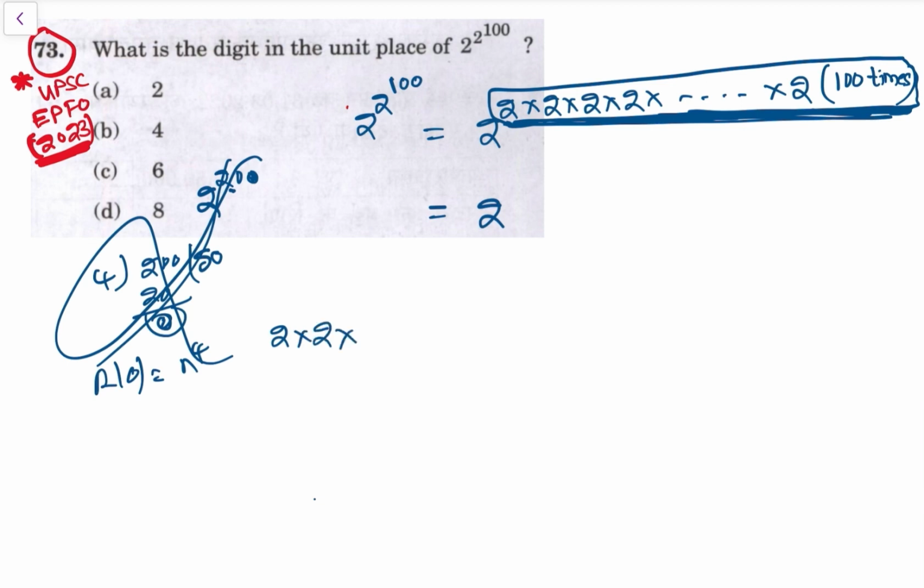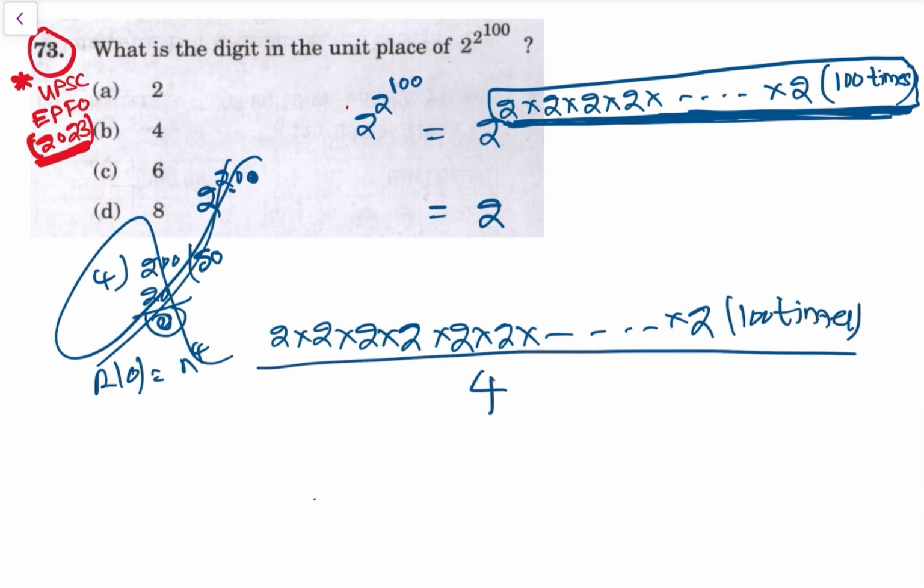So 2 into 2 into 2 into 2 into 2 into 2 into so on into 2 till 100 times, divided by 4. So उससे क्या, अब रिमाइंडर. So while dealing with remainder topic we will also study how to calculate remainder. So now let's see.